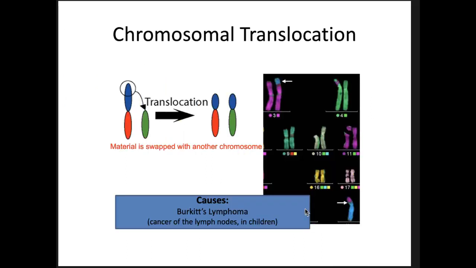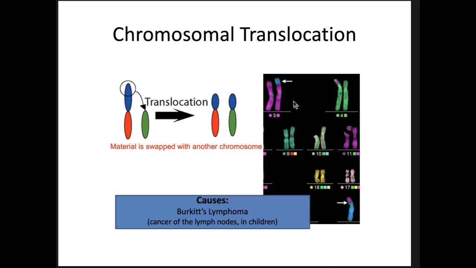A couple other things that are covered under fission and fusion: with translocation, you can see here's the arrow on the karyotype, and down here at the bottom on the karyotype, material is swapped with another chromosome that's not a homologous chromosome.